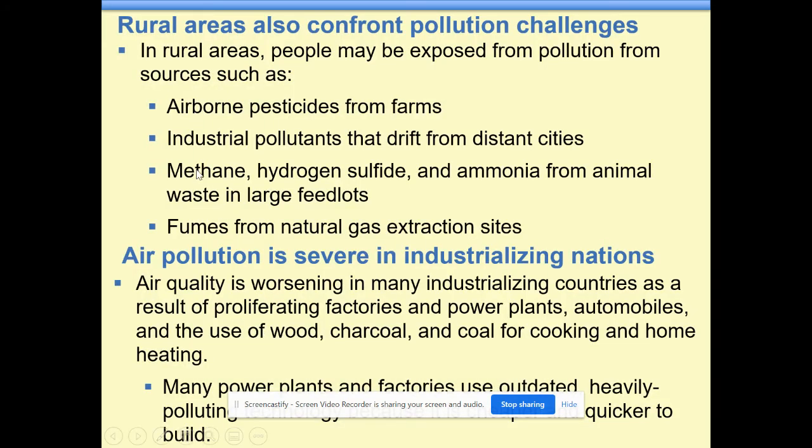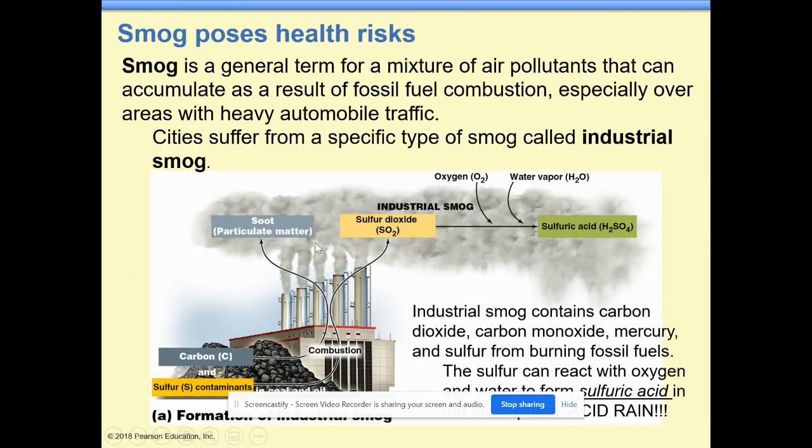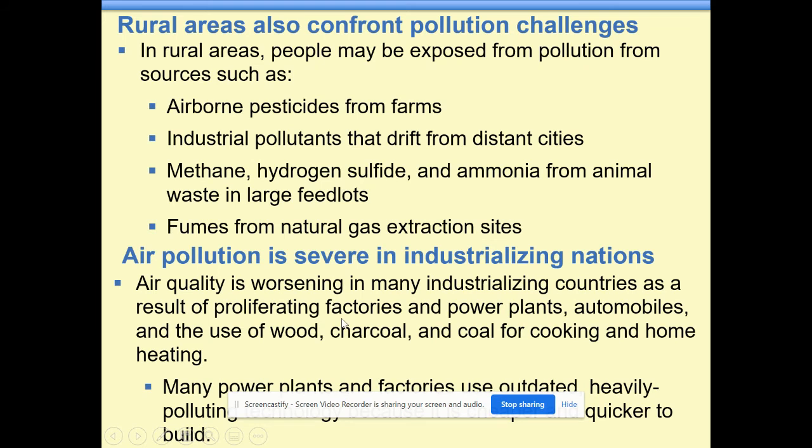And rural areas can also have problems too with pesticides from farms, industrial pollutants that come over from cities, and animal waste and what we do with that. It can produce chemicals like VOCs, methane, nitrogen sulfide, ammonia. All of those are particular problems for rural areas.